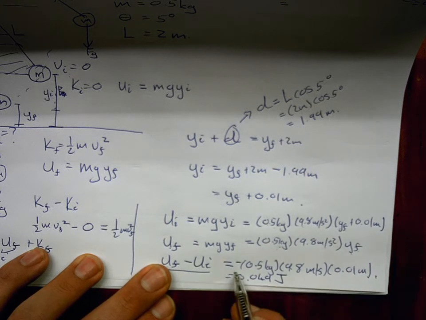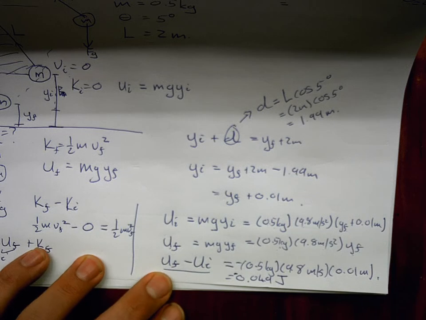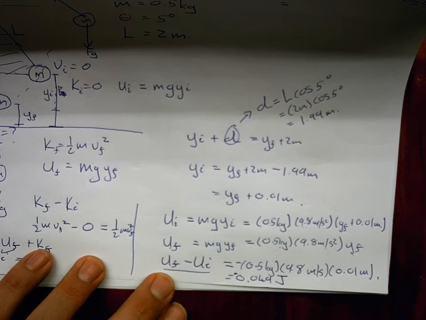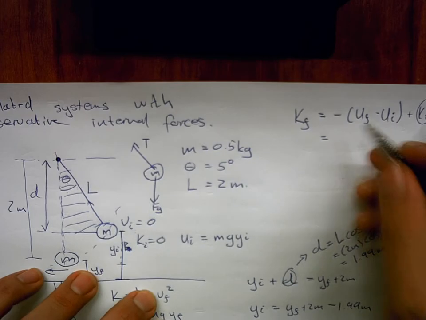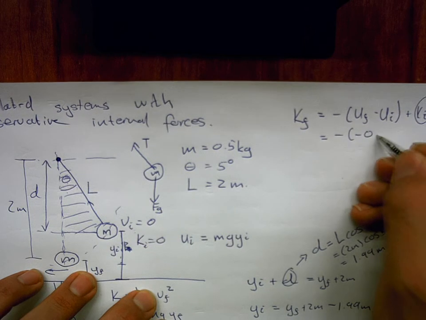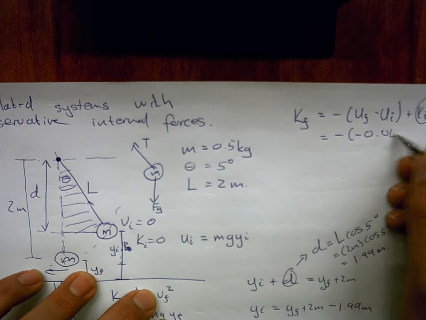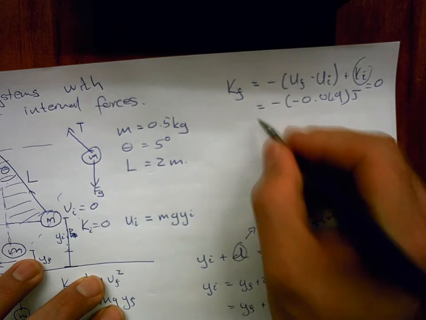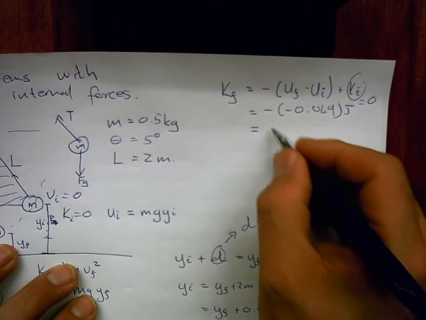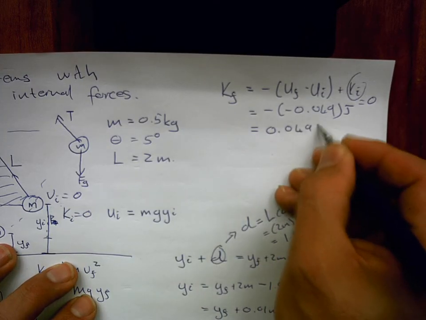this negative. All that this says is the final potential energy is less than the initial potential energy, which makes sense because initially this mass was higher above the surface of the Earth than it was finally. So that is equal to negative 0.049 joules. So our final kinetic energy is 0.049 joules.